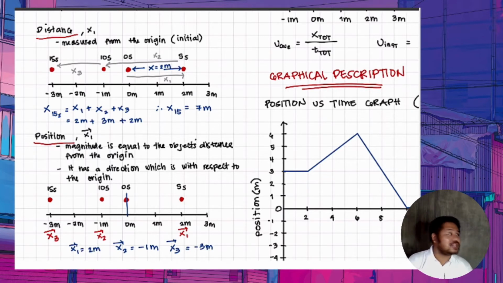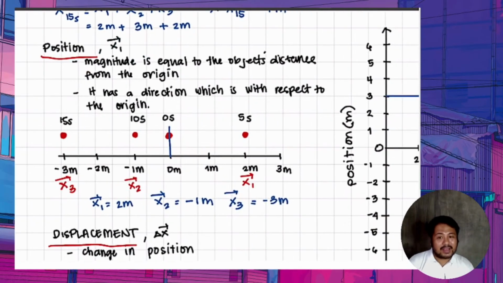Regardless if pumunta siya initially kay left, tapos pumunta ka kay right. No. It is the point wherein our particle is being situated at that moment in time. So, as you can see, at 5 seconds, x1, that is equal to 2 meters. And then at 10 seconds, x2, that is -1 meter.